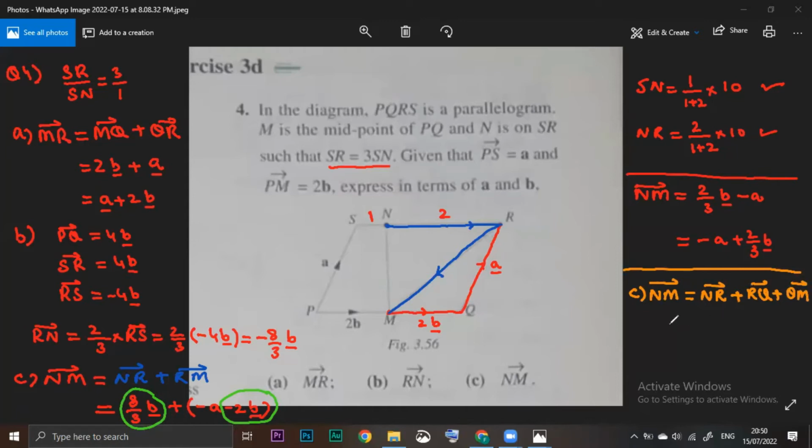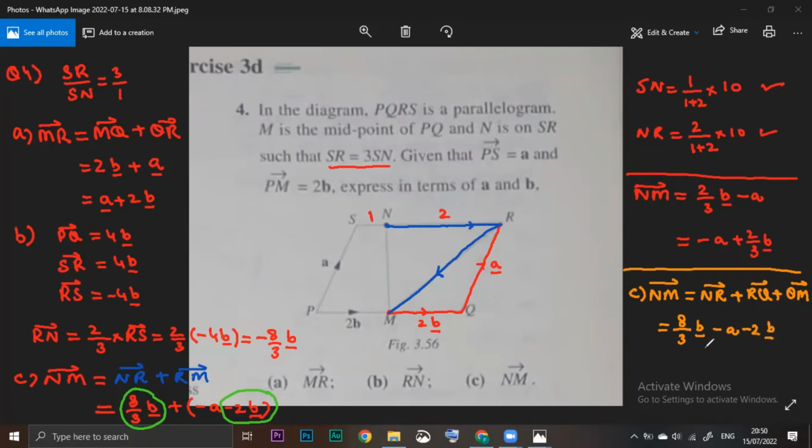But this one is a lengthy approach. NR is 8 over 3B. The expression for QR is A, so the expression for RQ should be minus A. Now the expression for MQ is 2B, so the expression for QM should be minus 2B.